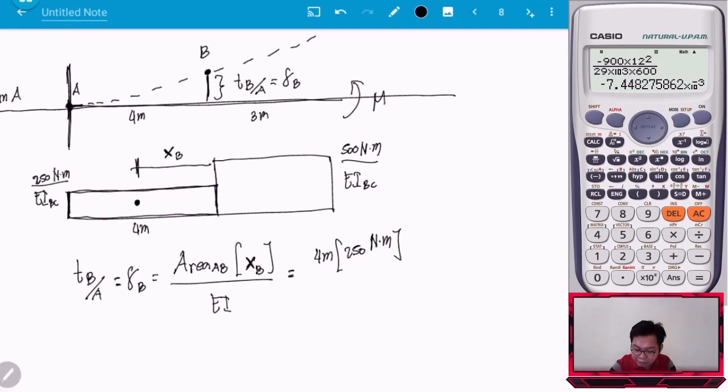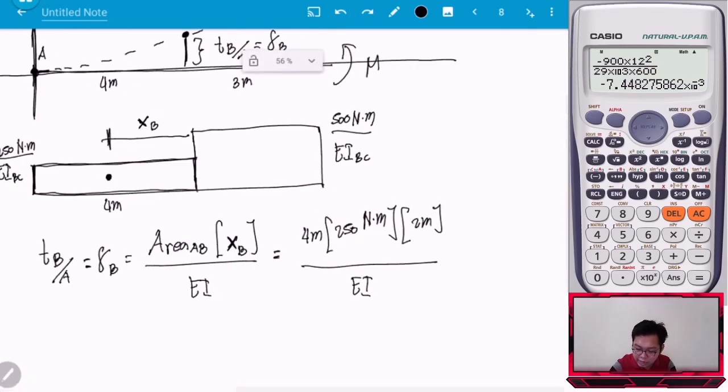And then, multiply that by X sub B. From our figure, ano yung X sub B? 2 meters. And then, divide that by EI. Now, yung EI na yan, galing yan dito. That EI is actually EI_BC.